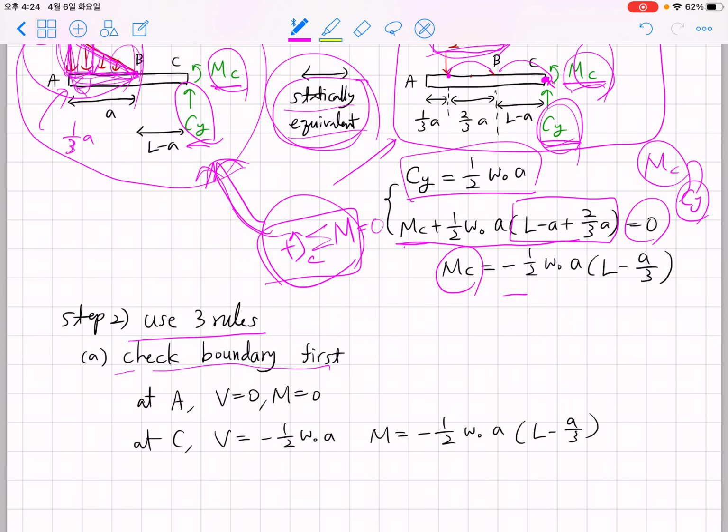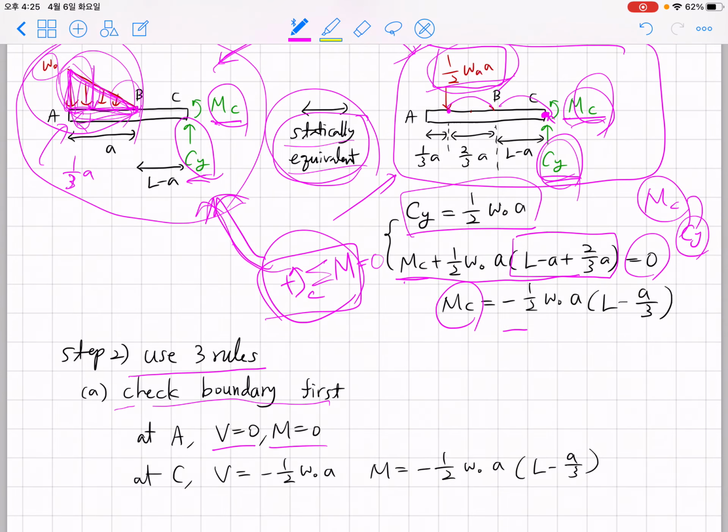So at A, we have V must be 0 and M must be 0 because that is free and there is no point force at A point. And at C, we just found that CY turns out to be half W0A.